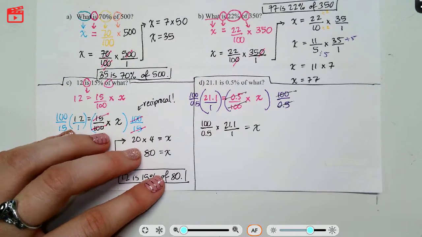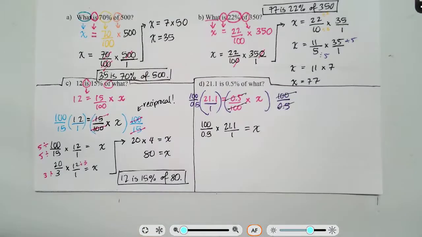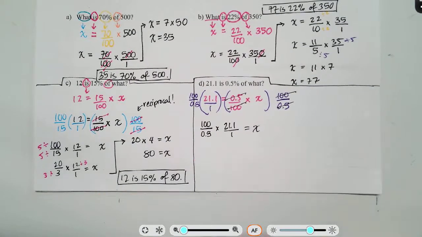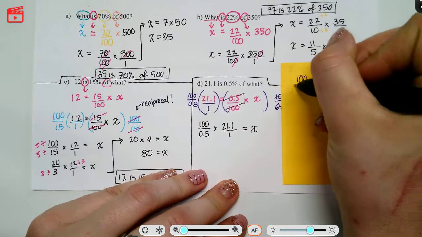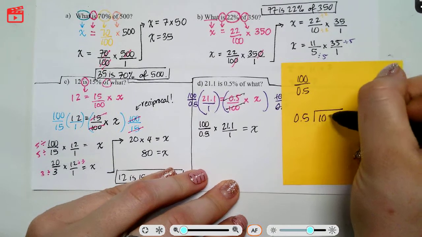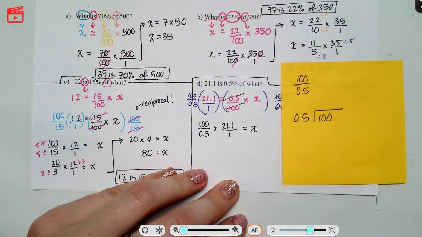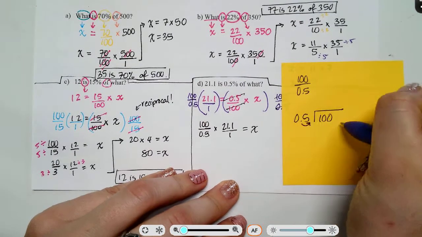All right, so multiplying across, let's see. 100 divided by 0.5. So let's do that division on the side real quick. So 100 divided by 0.5, if we do long division, it's going to be 0.5 divided into 100. When I want to do the division, I'm going to move the decimal point over as many places as I can to get my whole number.